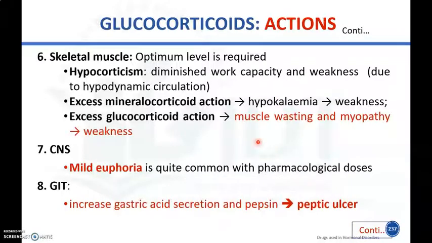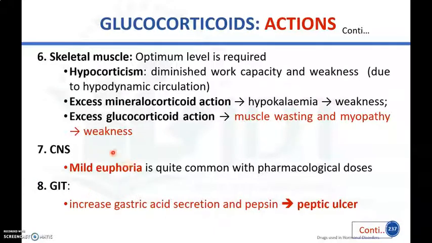Now in skeletal muscle, the optimum level is required for the normal function. In case of hypocorticism, if there is a decreasing level of glucocorticoids, it will diminish the working capacity and cause weakness due to the hypodynamic circulation. If there is excess of glucocorticoid action, it may lead to muscle wasting as well as myopathy, which may lead to weakness. If there is an excess mineralocorticoid action, it may lead to hypokalemia and weakness.